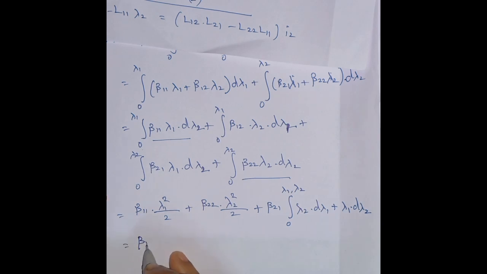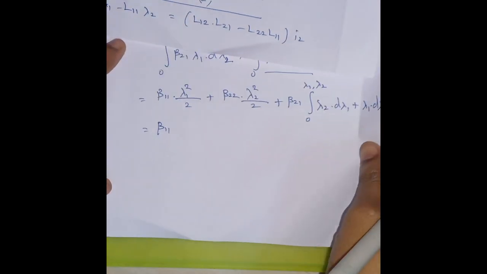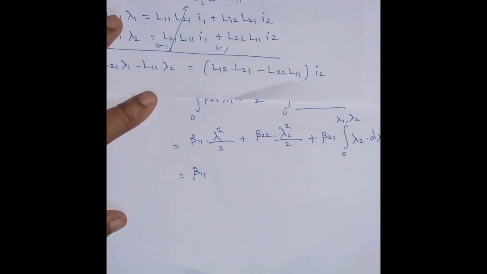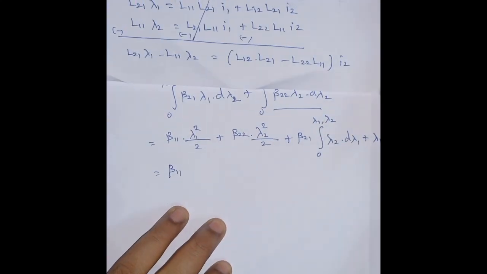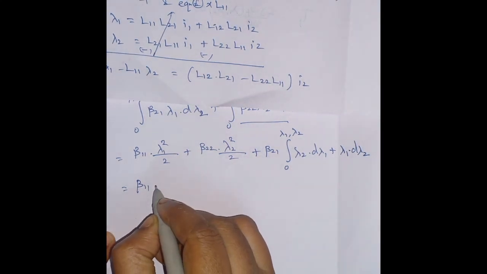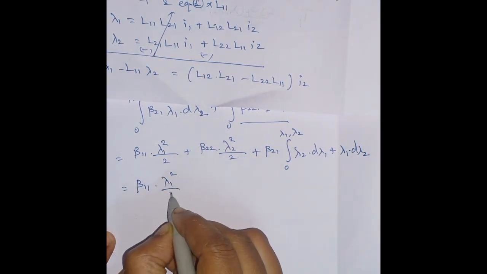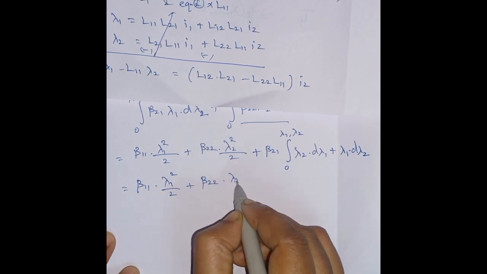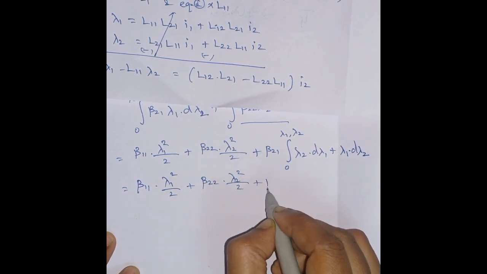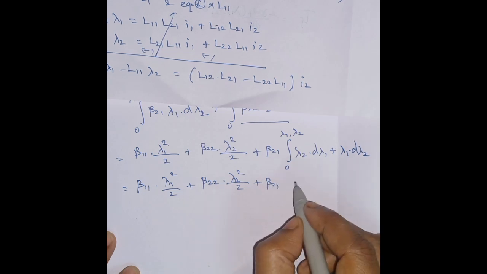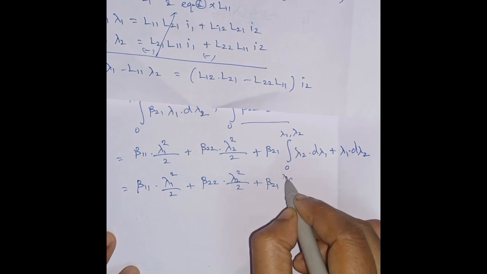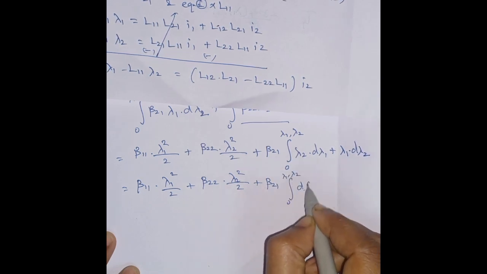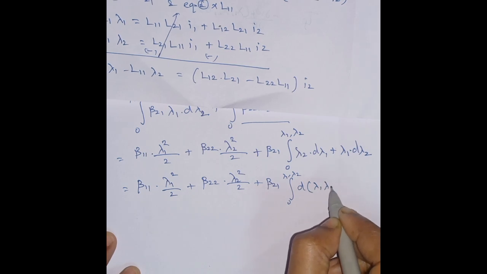So I can write this as beta 1 1 lambda 1 square by 2 plus beta 2 2 lambda 2 square by 2 plus beta 1 2, from 0 to lambda 1, lambda 2, differentiation of d lambda 1 lambda 2.